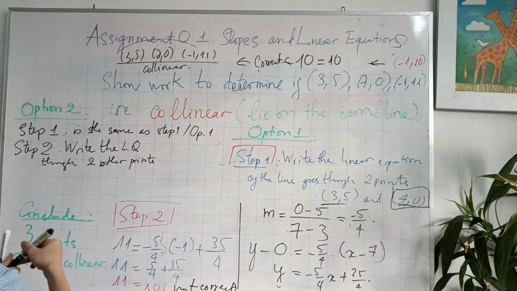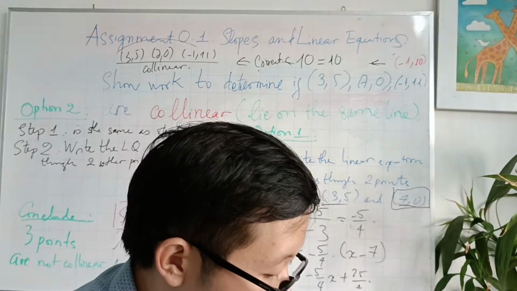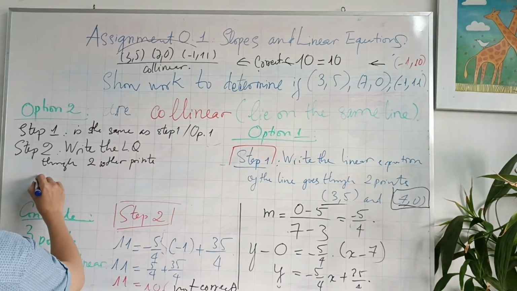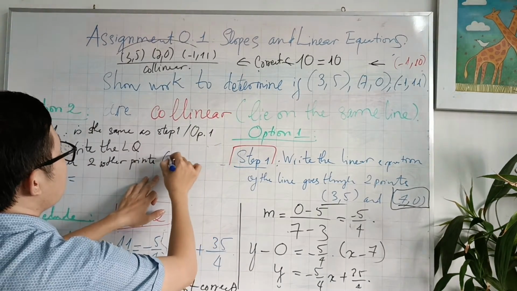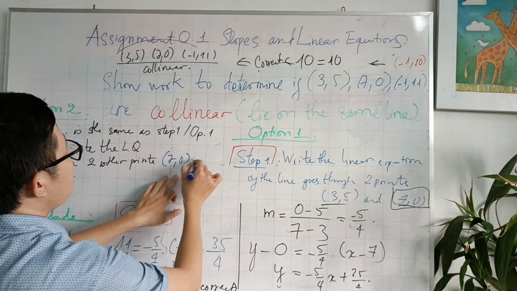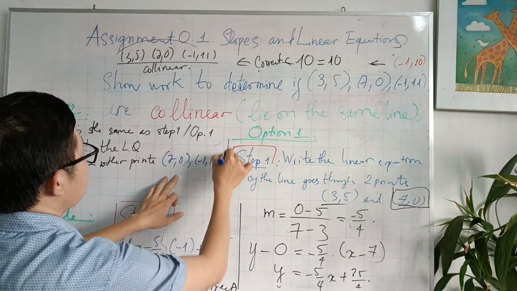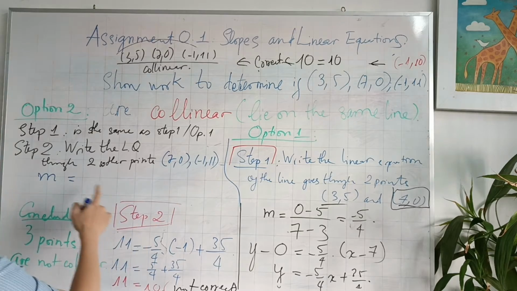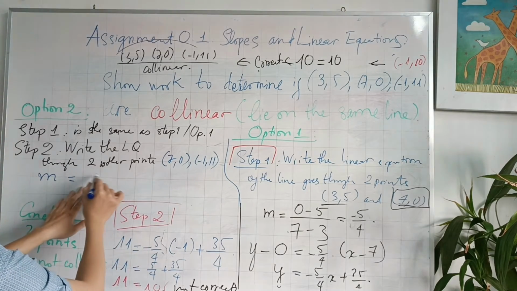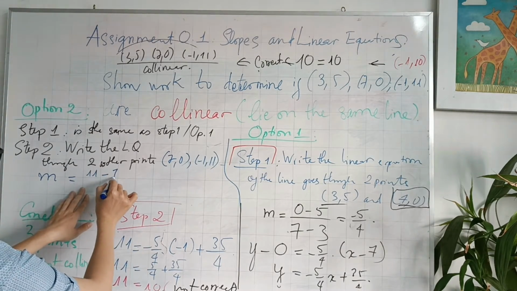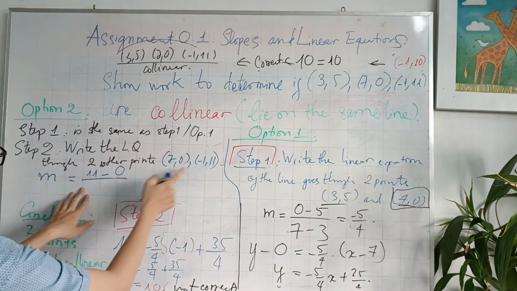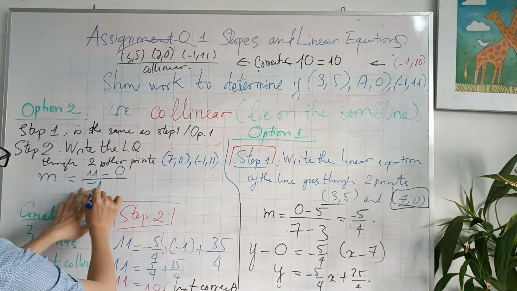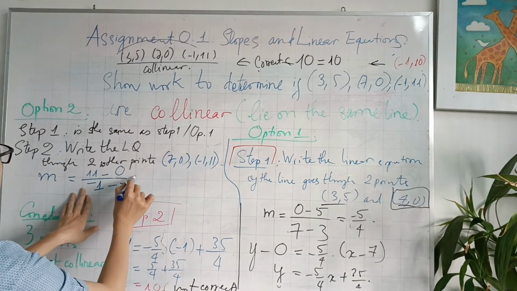We have M equals 11 minus 7 minus 0 over negative 1 minus 7.